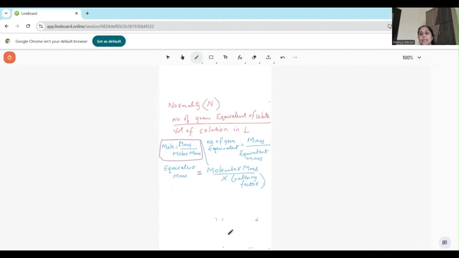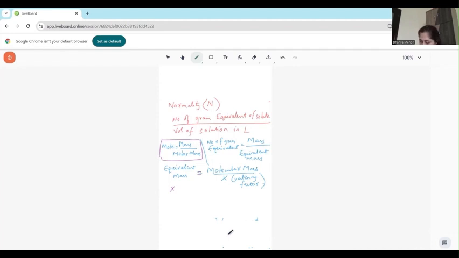Now this valency factor X, for example, if we talk about acids, acids dissociate to give H plus ions. So valency factor tells you about the H plus ions in solution, if the acid dissociates. I'll talk about acids and bases also.